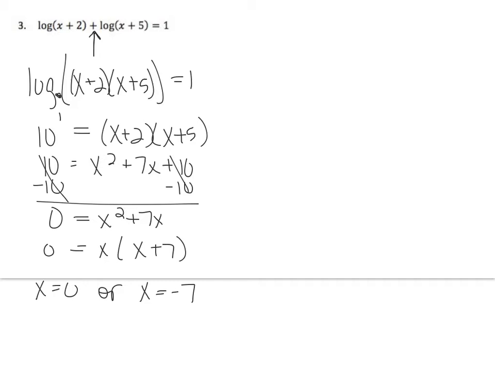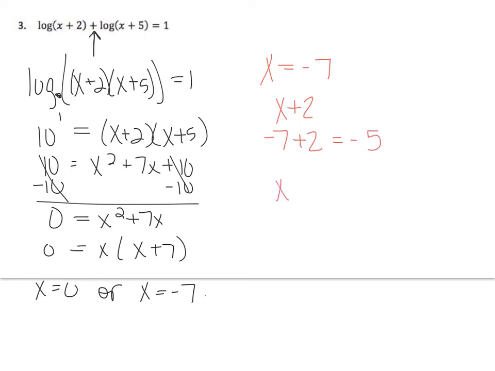Now, we need to make sure that none of these are extraneous answers. So we need to plug these back in to make sure we don't get a negative. So if x equals negative 7, we plug that into the x plus 2, equals a negative 5.